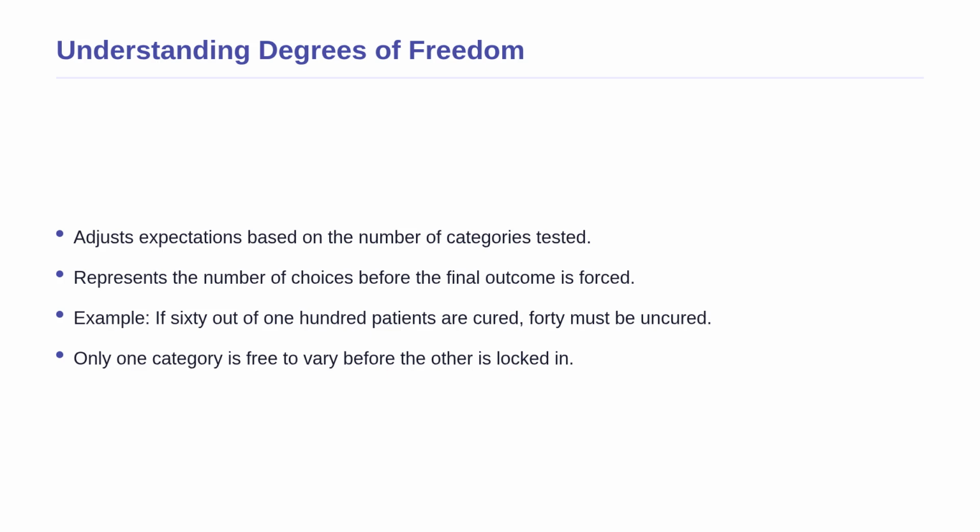I do not even have to say it. Because only one category was free to vary before the other was locked in, we say there is 1 degree of freedom. This concept adjusts our expectations so that experiments with many categories are judged fairly compared to those with only a few.